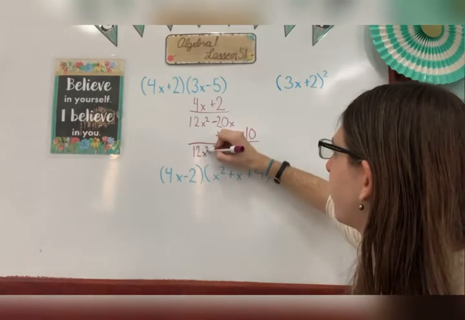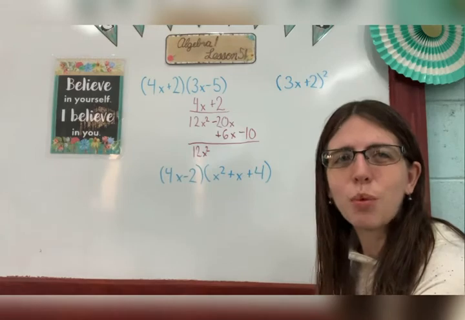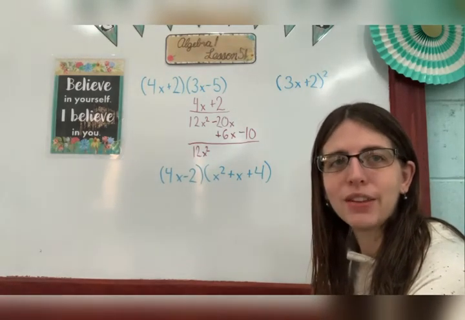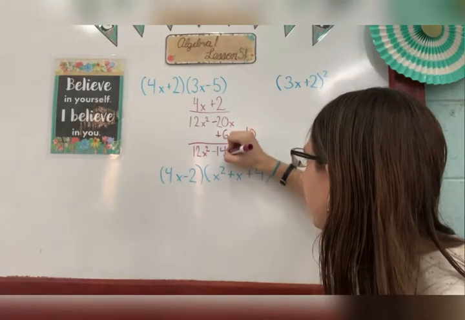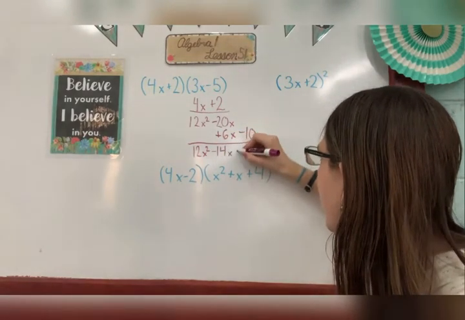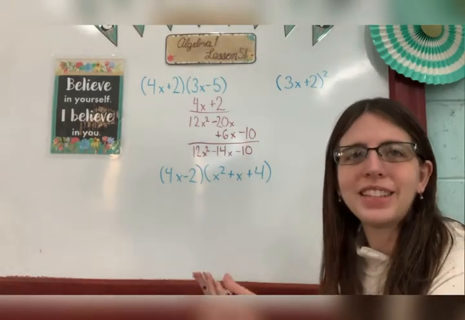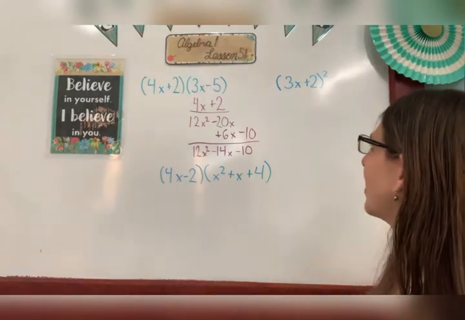Negative 20 plus 6x, so that would be 20 minus 6, which is 14. My greater number is my negative, so it's a negative 14x. And then minus 10. And that's it. That's all you have to do, right? Simple, really easy.